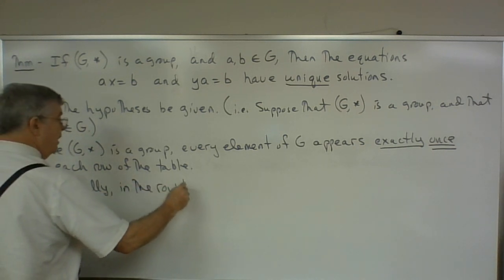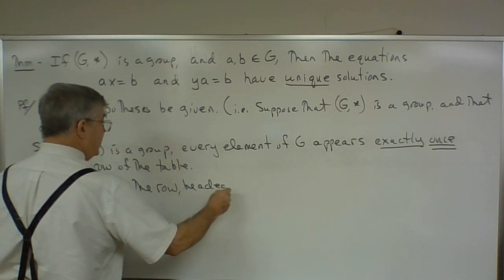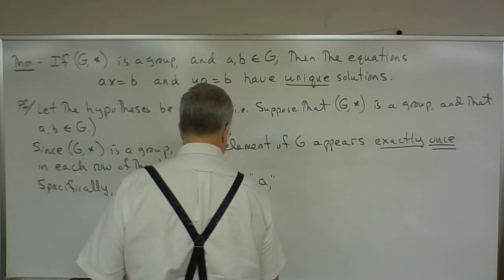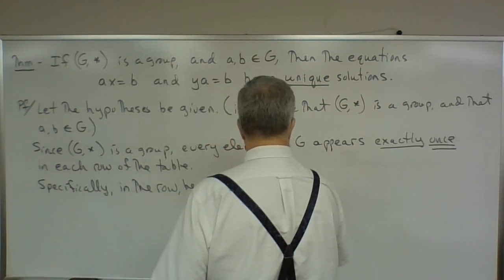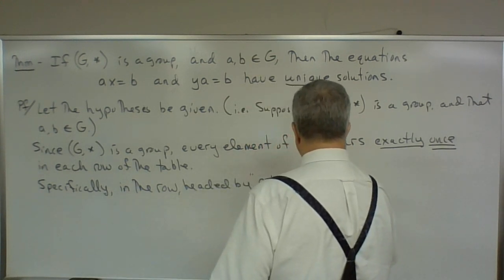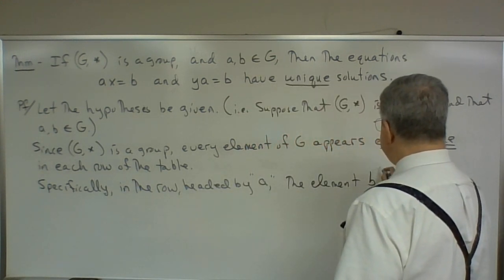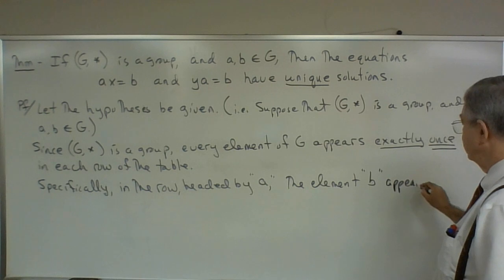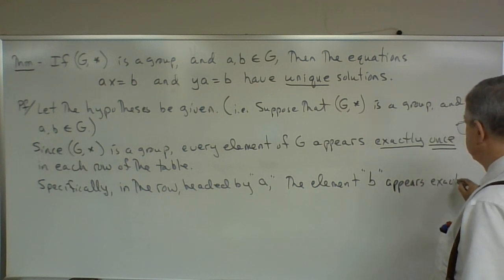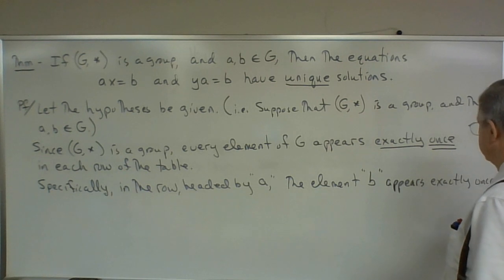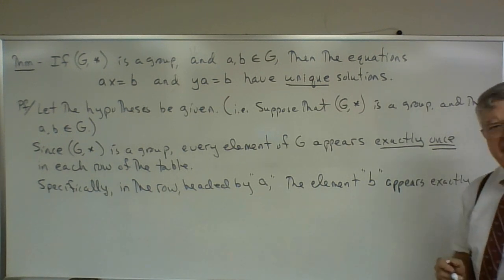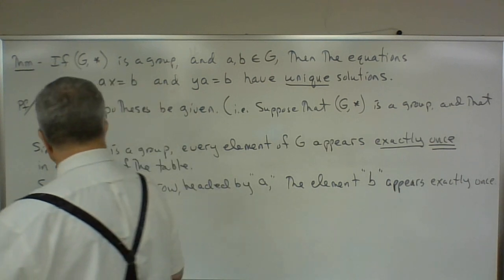In the row headed by the element A, the element B appears exactly once.